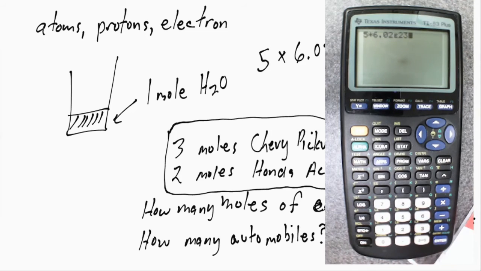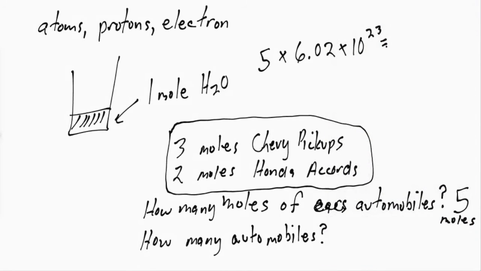Okay, that's how you have to input Avogadro's number to make sure your order of operations is correct and you're getting the correct answer here. So we hit enter and we get 3.01 times 10 to the 24. So here we go. 3.01 times 10 to the 24 automobiles.